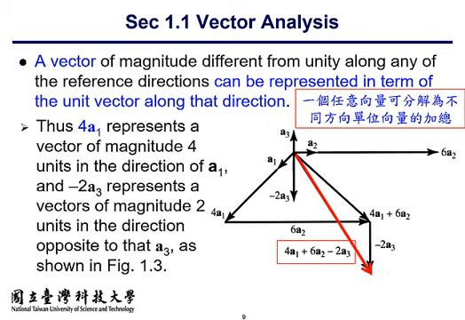This is the whole description of the vector. So what is the significance of 3, 4, and 5? They are the projections on the x direction, y direction, and z direction respectively. So a vector can be expressed as the sum of its projections on the 3 reference directions.